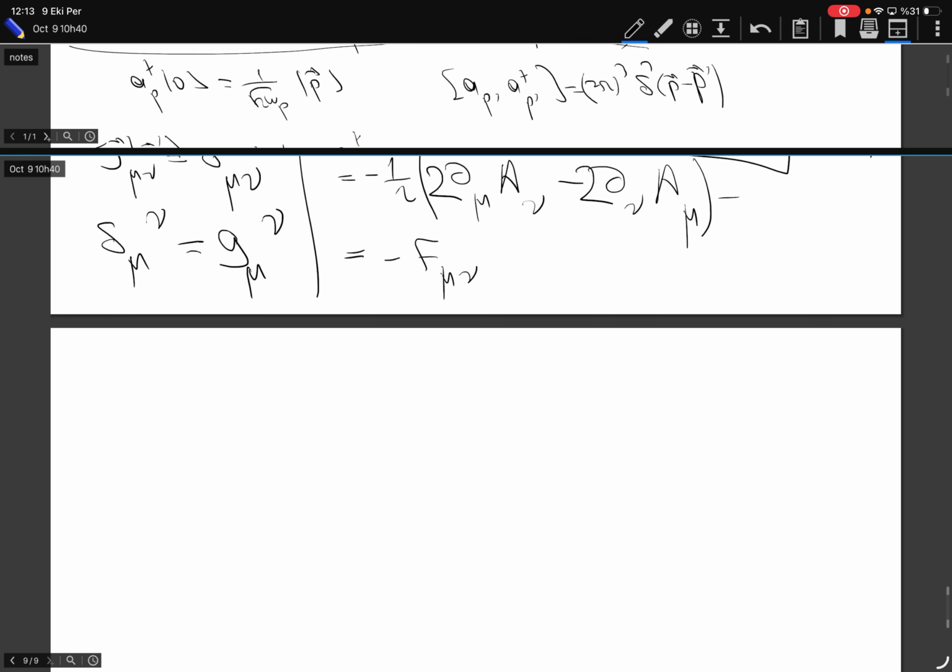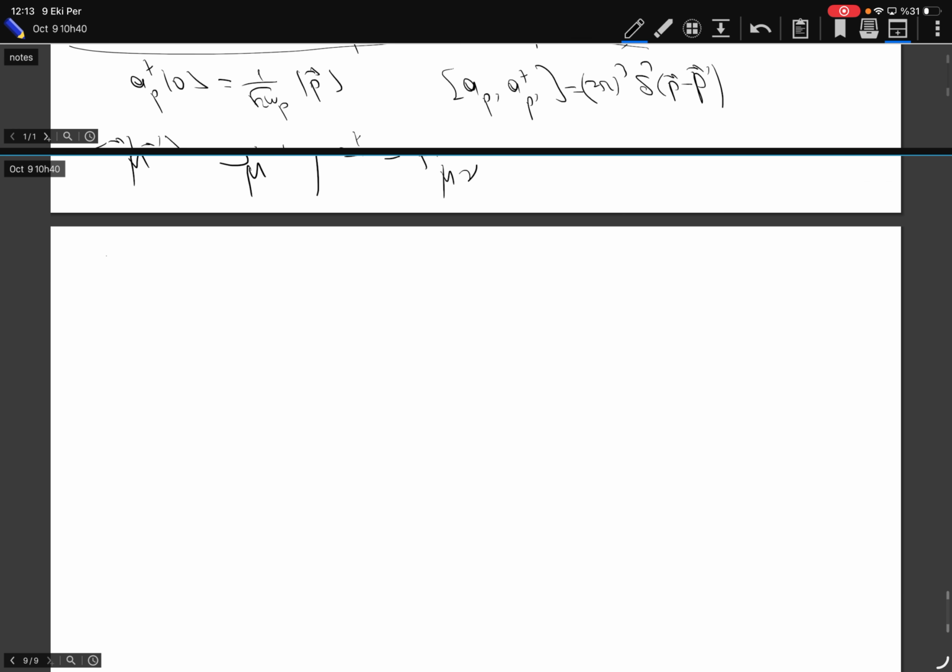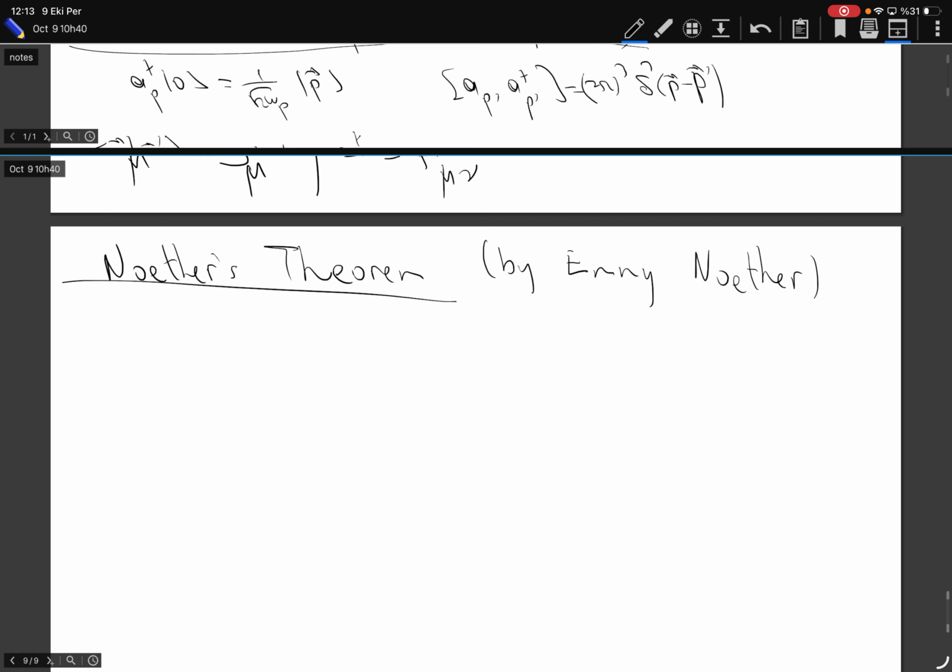So now finally, let's start with Noether's theorem. You have probably seen some form of this in classical mechanics or analytical mechanics, right? Do you remember?